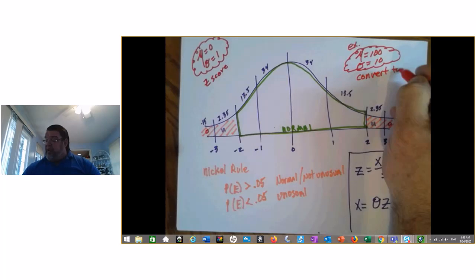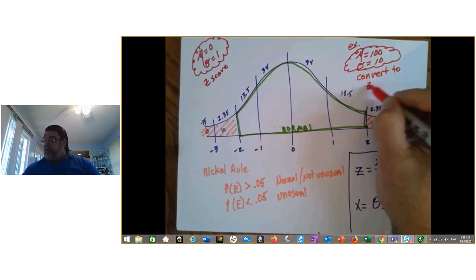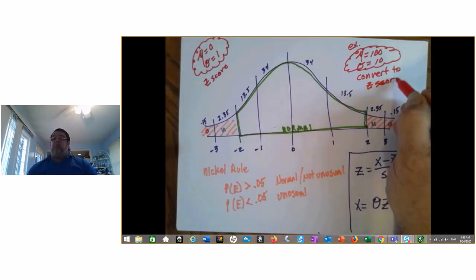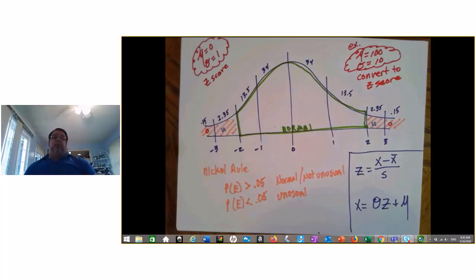Or if you've got a newer calculator, you don't have to worry about it. You just do the same thing you did over here. So those are the two types of problems you're going to have with chapters 7 and 8 with the normal curve, and 9 also, and 10.